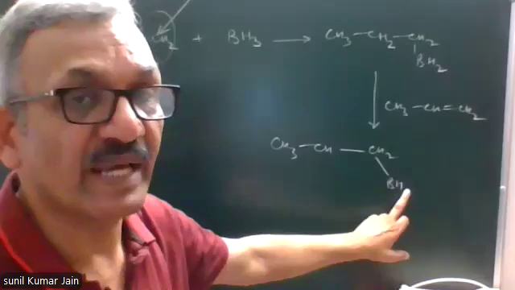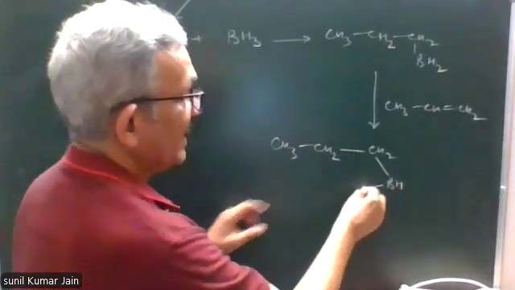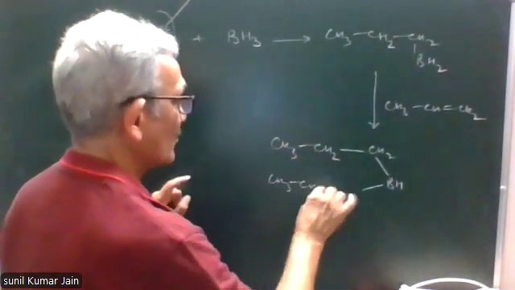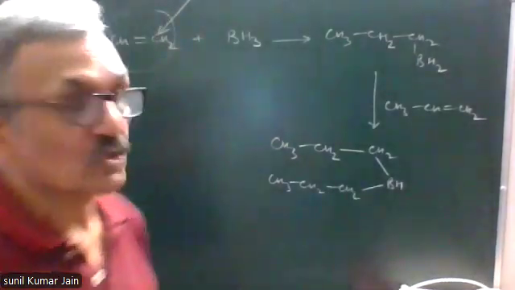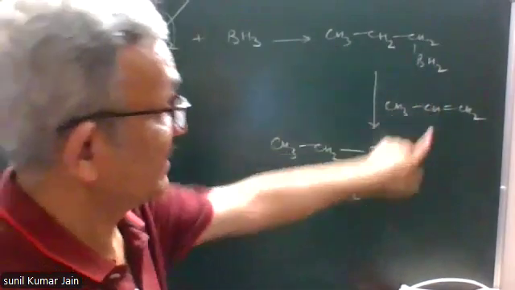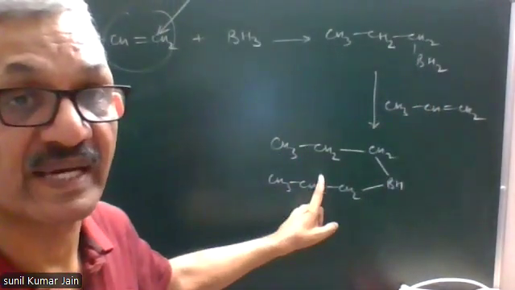But at the same time, one hydrogen from BH2 will shift to this carbon atom, and the remaining part will be attached like this. So first, one hydrogen was replaced by alkyl. Next, two hydrogen atoms have been replaced by alkyl chain.